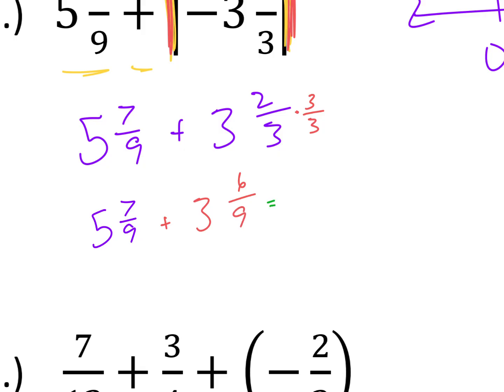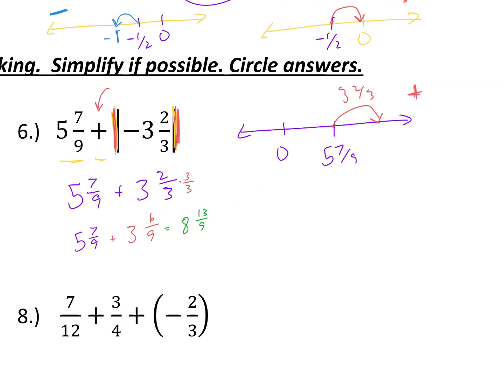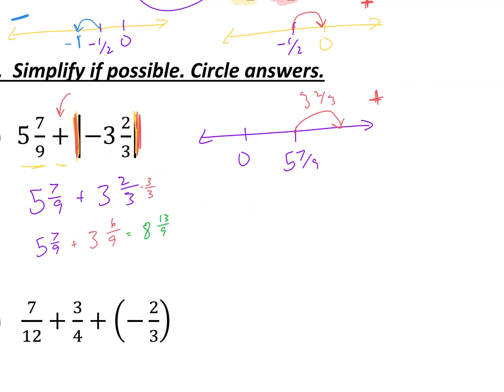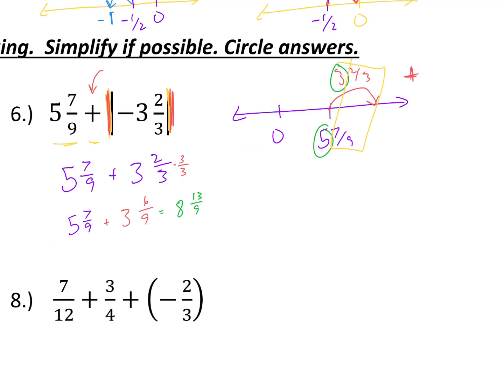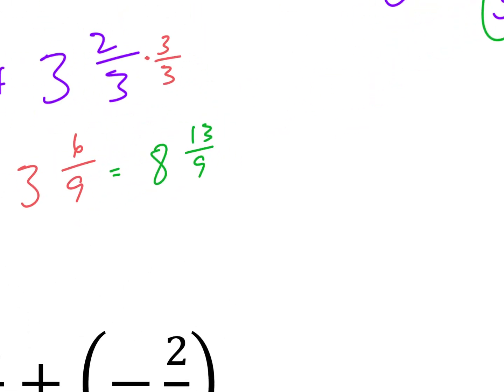And we end up getting 8 and 13/9, which, by the way, that kind of tracks, right? Because 5 plus 3 is 8, and then we're going to be adding some more, right? So we end up getting 9 and 4/9, okay?